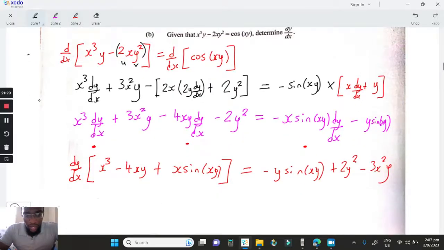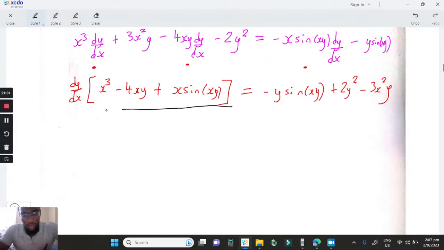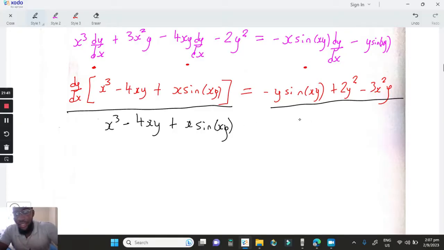Now to make dy/dx the subject, boring part, divide both sides by x cubed minus 4xy plus x sine xy. And anything you do to one side, you have to do to the other. And so this cancels.